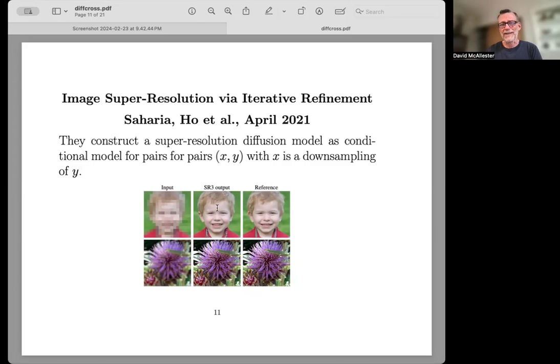And it turns out that the diffusion model can look at this and produce a very realistic face. Here, this is the image produced by the diffusion model, and this is the actual image that was blurred to produce this image. This is the reference. And you can see that they look quite similar, but they're also quite different, right? The information just isn't here to tell you where the teeth are positioned.